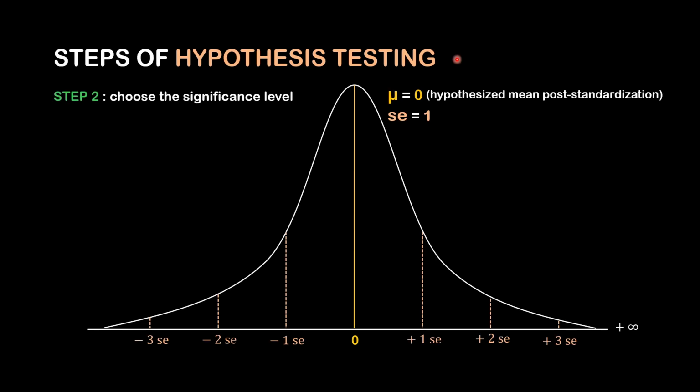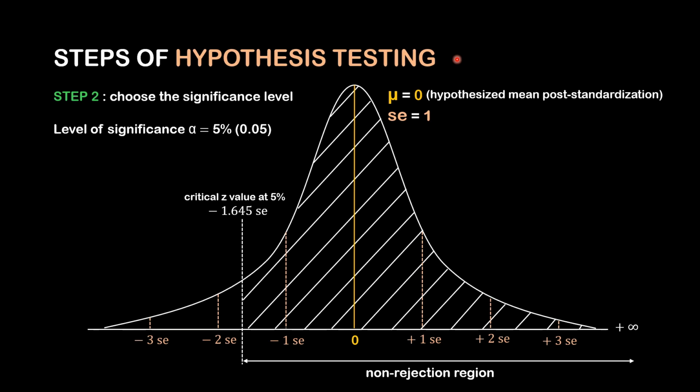In step 2, we choose the significance level, which remember is equal to 1 minus the confidence level. For this example, I'm going to stick to a 95% confidence level. Therefore, the significance level is 5%. It's the remaining probability. The non-rejection area goes from positive infinity to this critical z-value here, minus 1.645 standard errors.